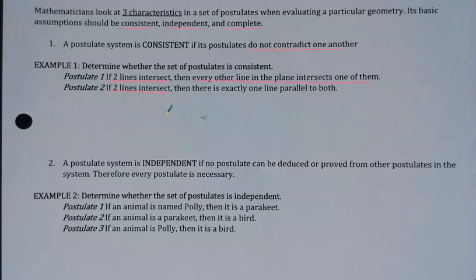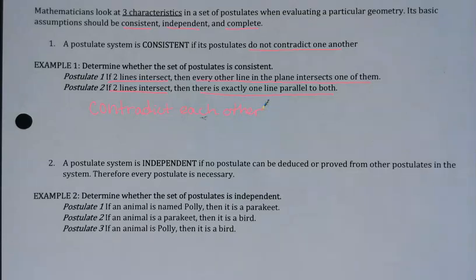However, postulate 2 says there is exactly one line parallel to both. So postulate 2 requires that a line be parallel to both without intersecting either one. So this one is not possible. They're contradictory, or they contradict each other.